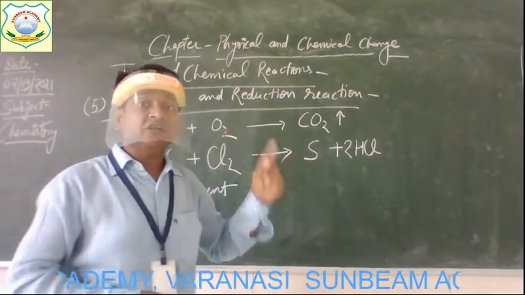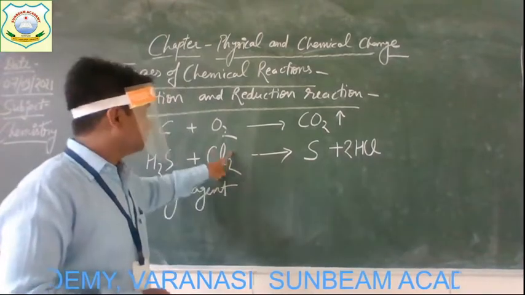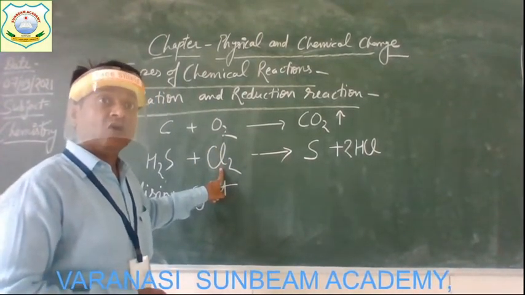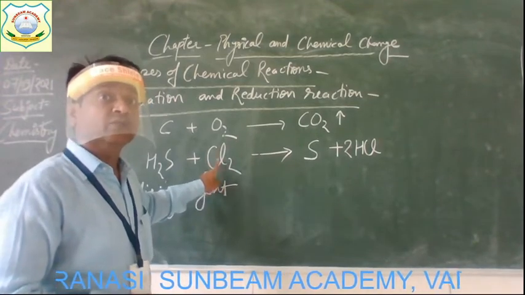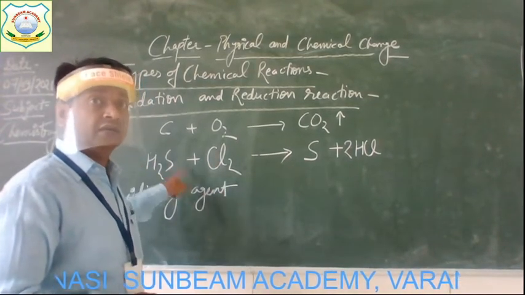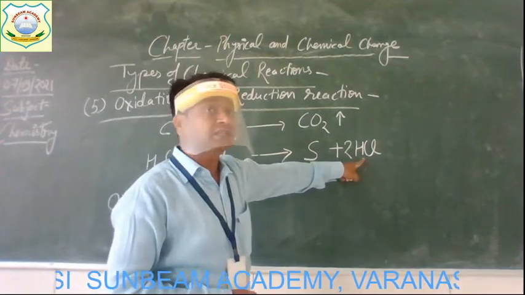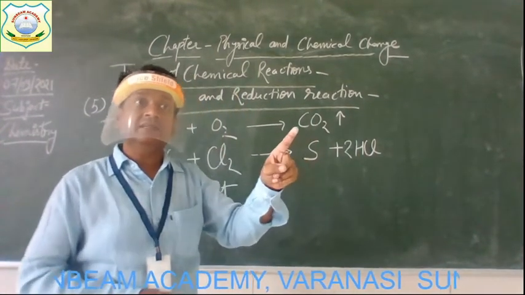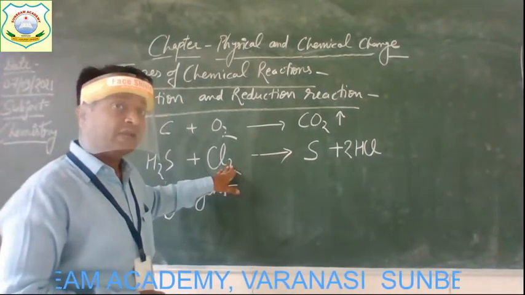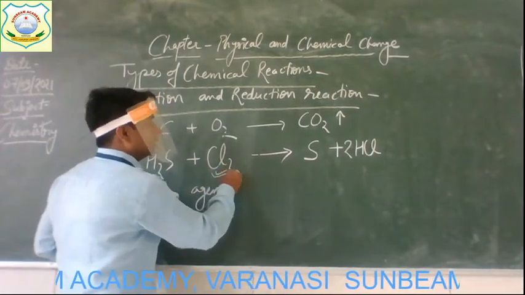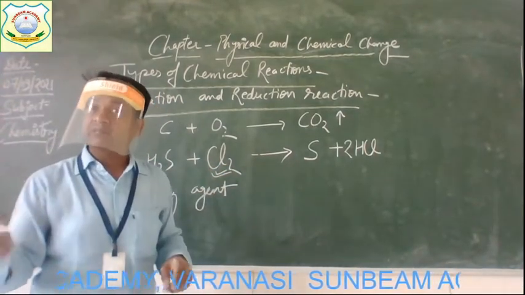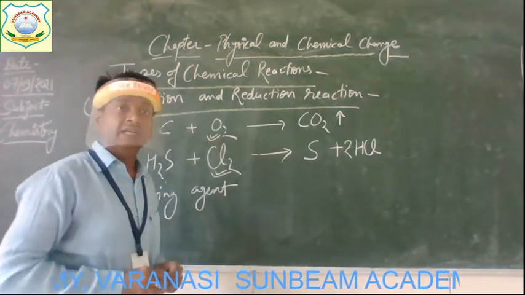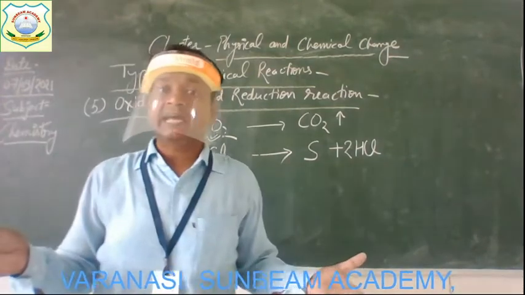In the second chemical reaction, chlorine is the oxidizing agent, because it has removed the hydrogen from hydrogen sulfide and attached with hydrogen. So the oxidizing agent in the second example is chlorine, and in the first reaction it is oxygen.